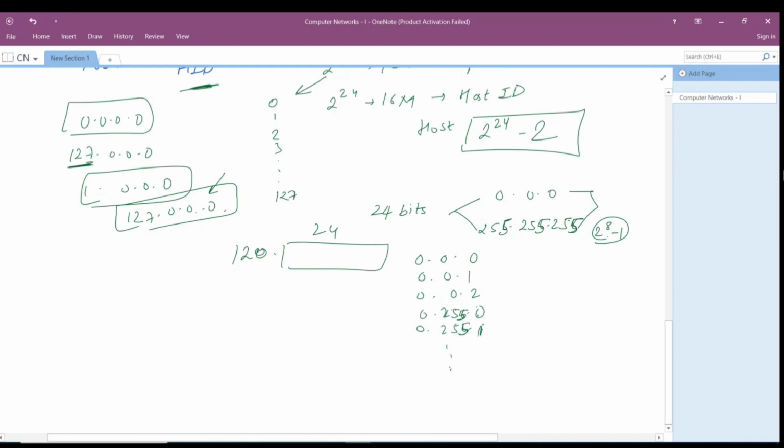So 0.255.0, 0.255.1, and it will go on, so the last would be 255.255.255.